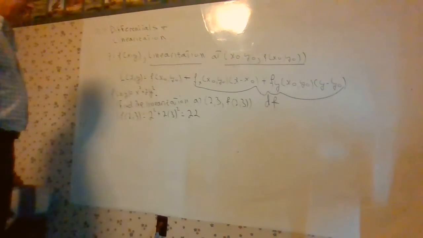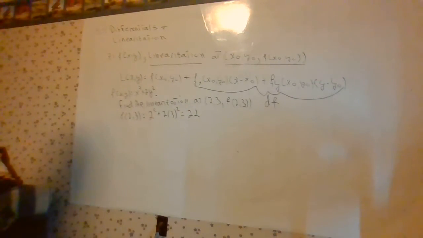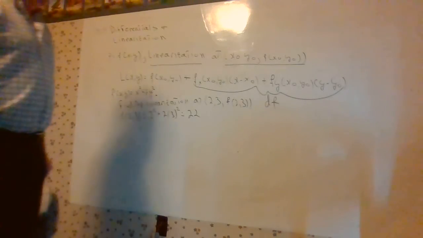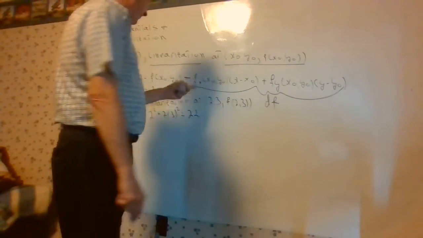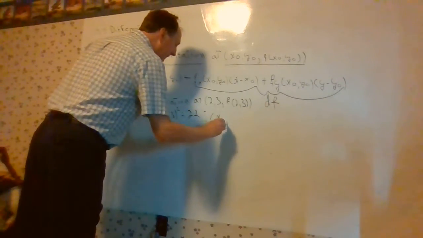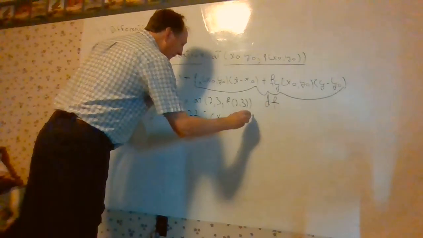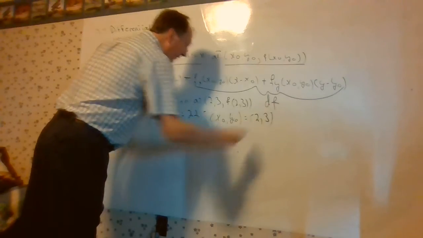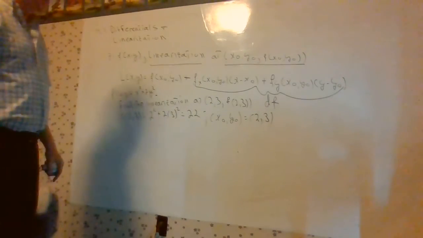Okay, that number should look familiar. That's what we had in the last example. And in this case, x0, y0 is 2, 3. That's our starting point.